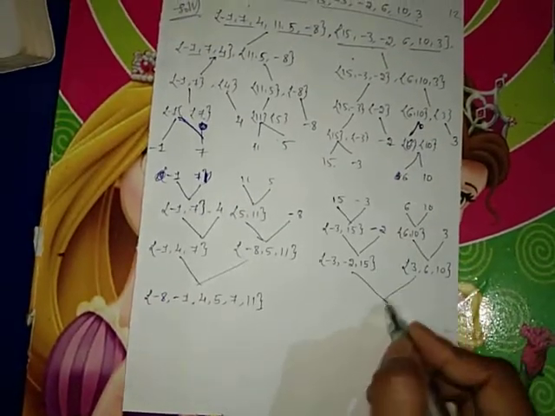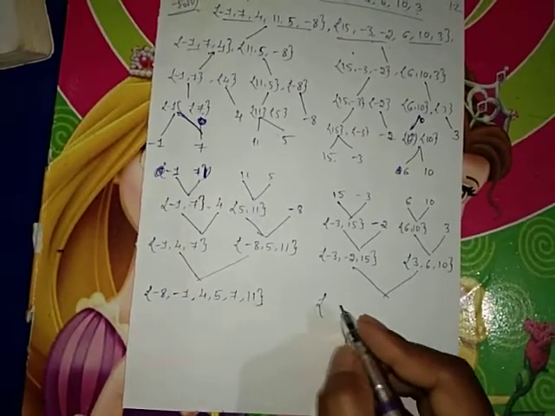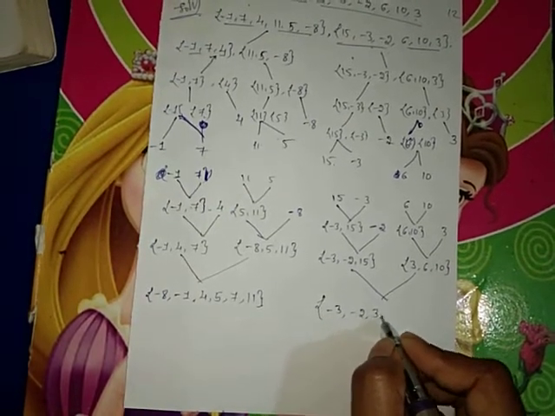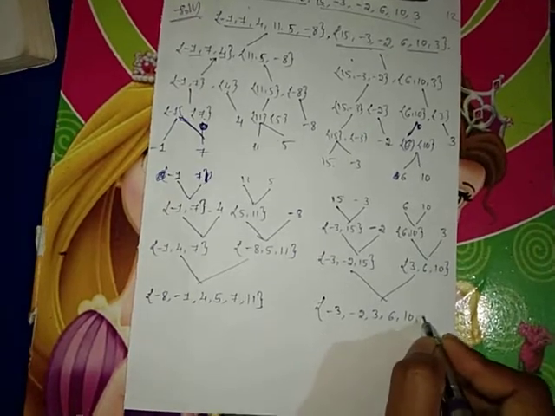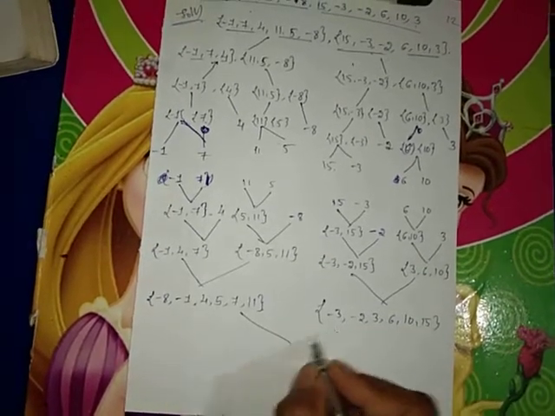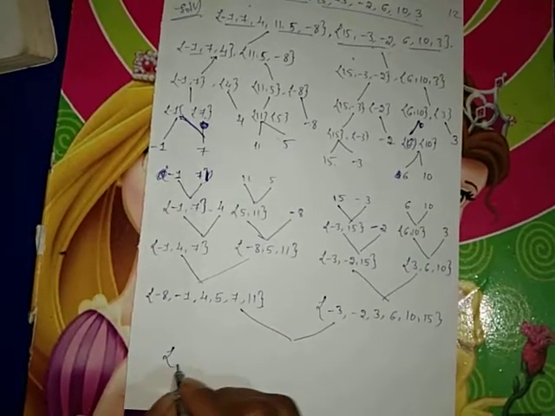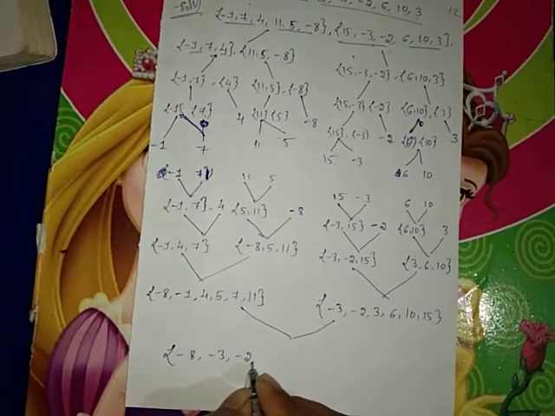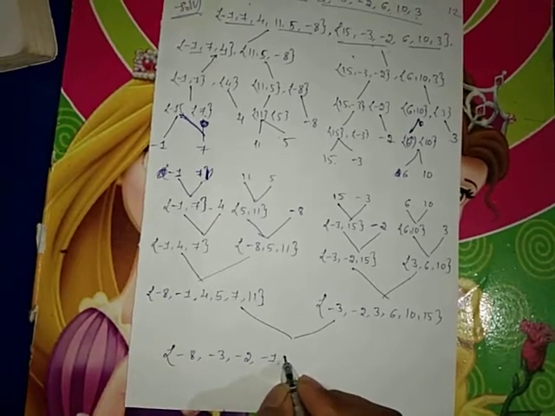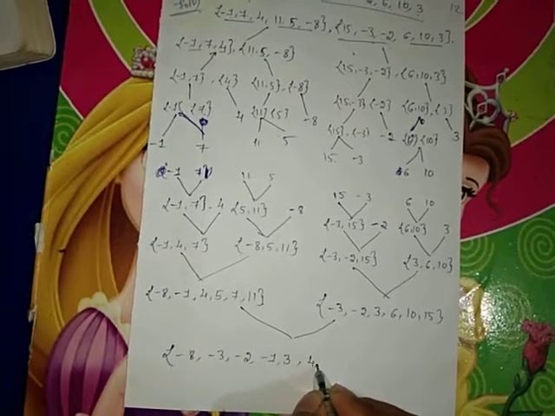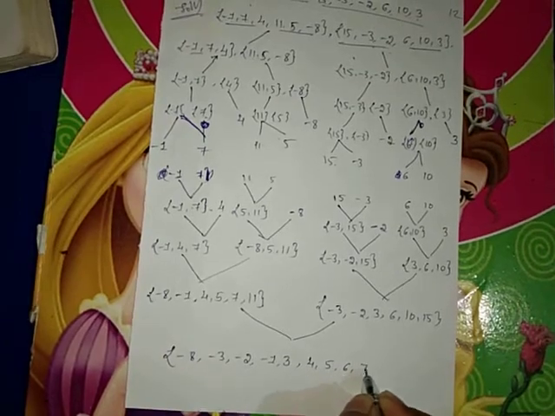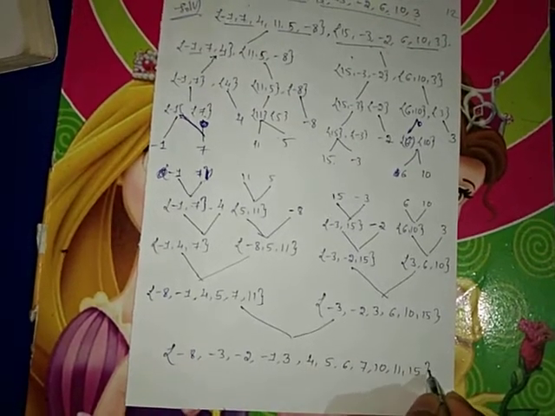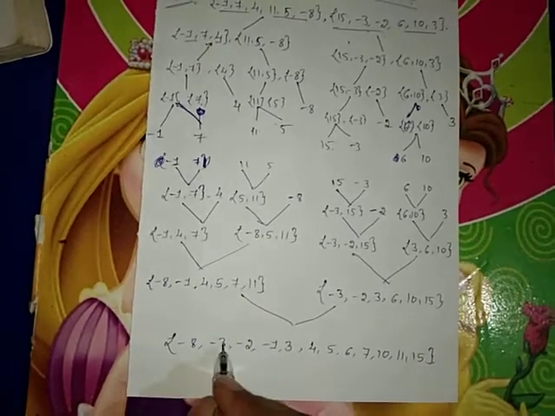Now merge these two. In increasing order: -3, -2, 3, 6, 10, 15. Now merge these in increasing order: -8, -3, -2, -1, 3, 4, 5, 6, 7, 10, 11, 15. That is how to merge.